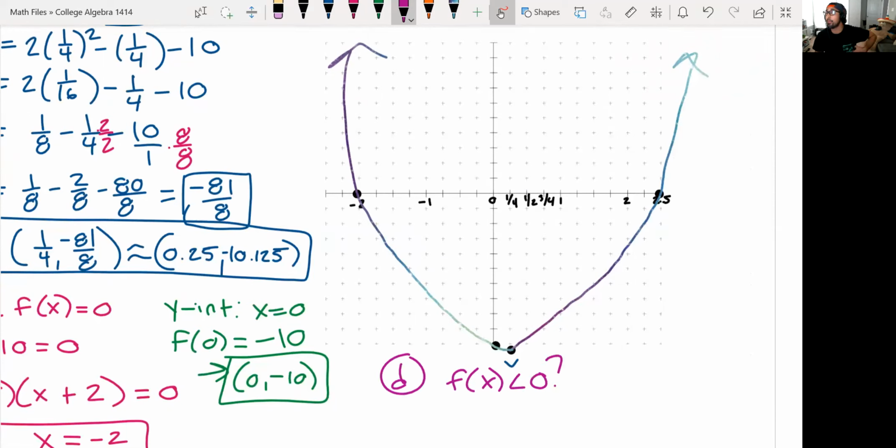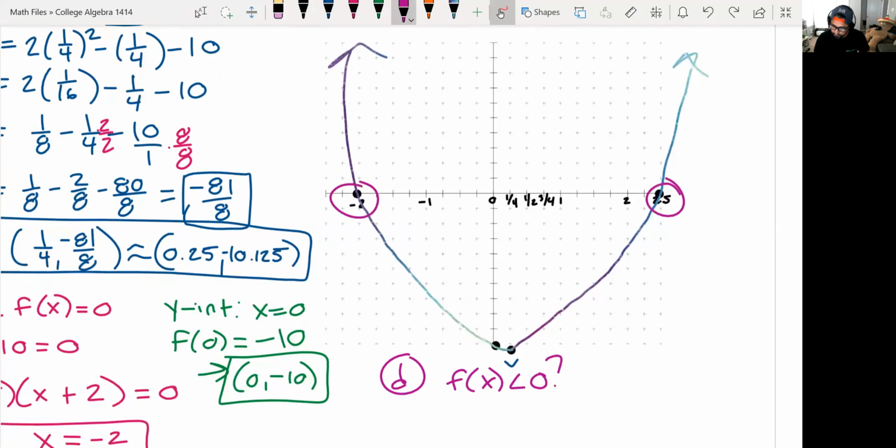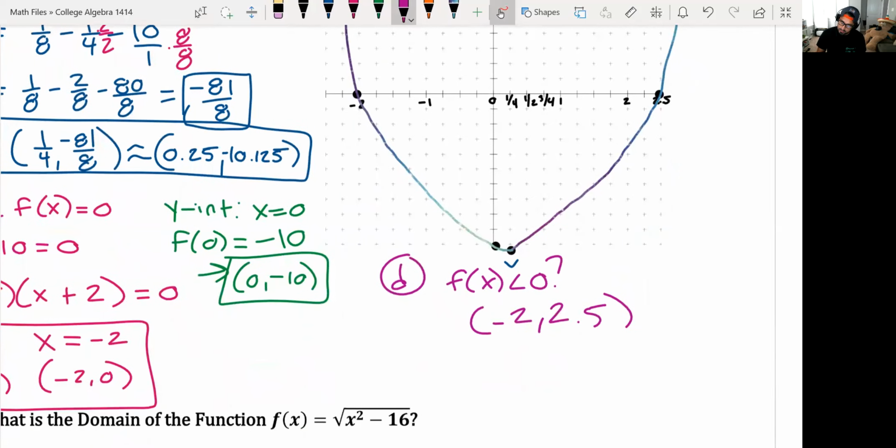And it's basically right there, right in front of us, from -2 to 2.5. This whole graph is below the x-axis. So we just say -2 to 2.5, and that's it. Done.